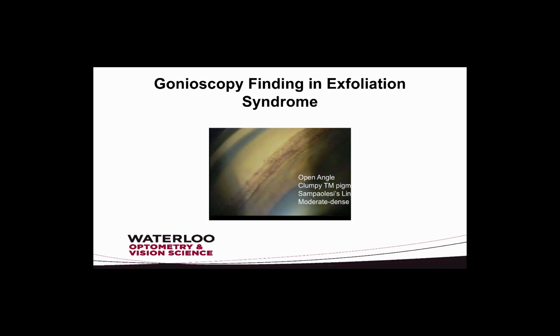What we'll see instead is pigment, but it's a different pigment appearance than with pigment dispersion syndrome, because you end up with clumpy pigment. The reason for that is the protein material that accumulates is sticky, and so the pigment's going to stick to the areas where exfoliative material is. So we see a clumpy trabecular meshwork appearance.